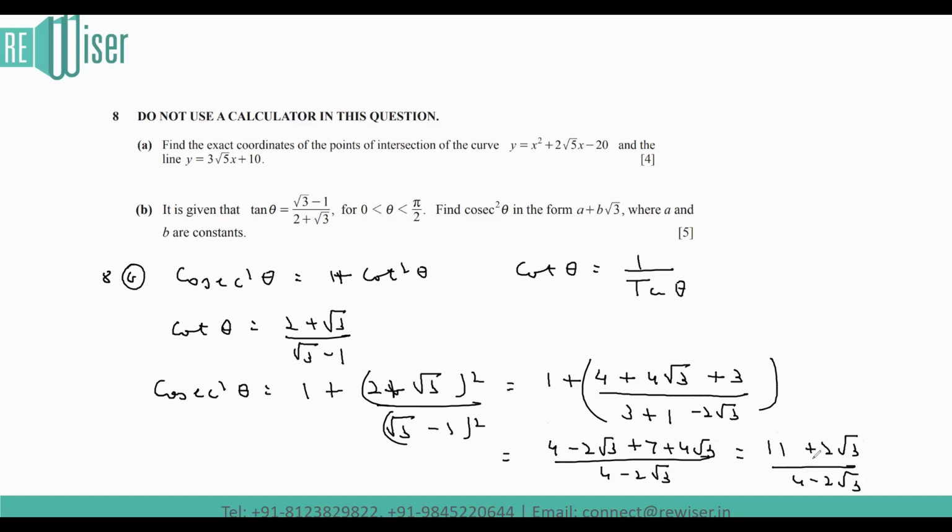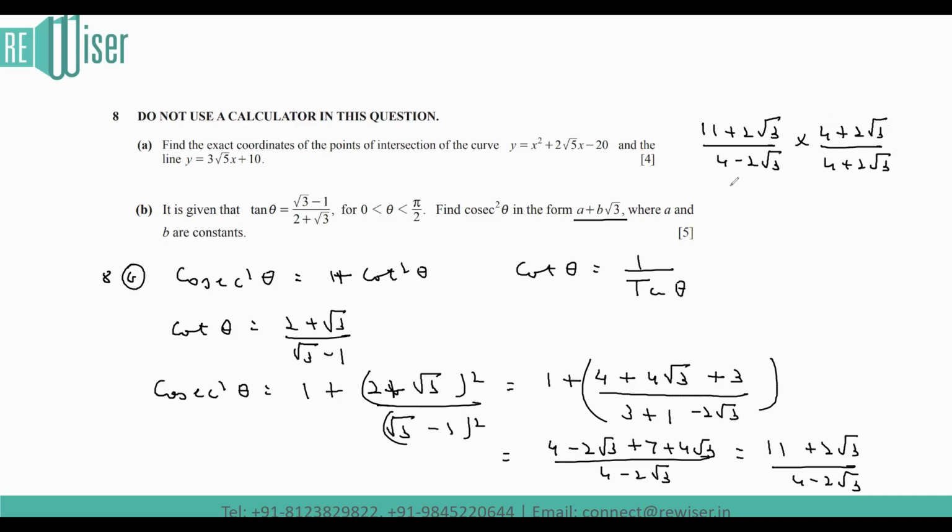Since they've asked for the form a plus b root 3, we need to rationalize the denominator. That means we multiply both the numerator and denominator by the opposite sign of the denominator.